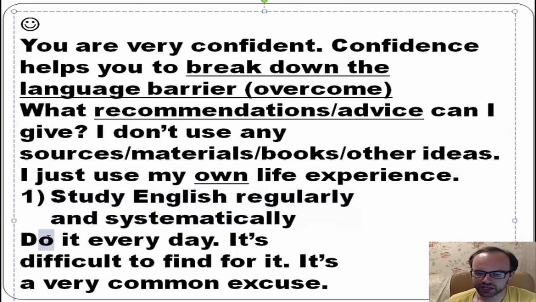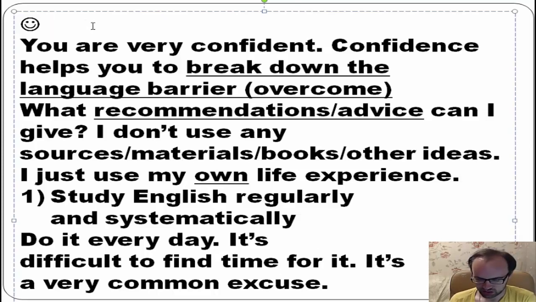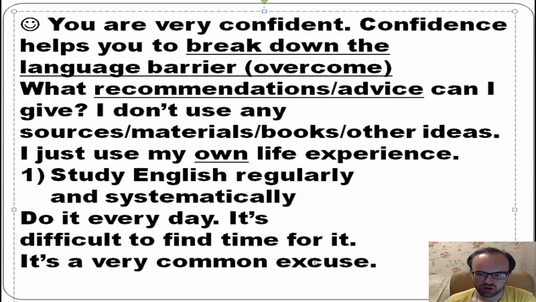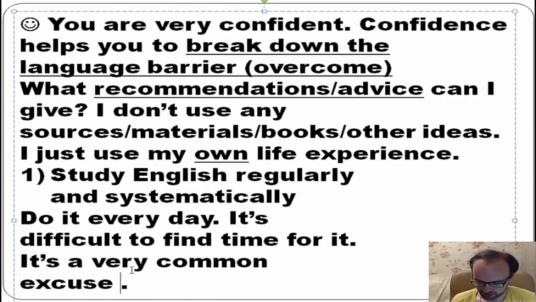Do it every day. It's difficult to find time for it, okay? It's difficult to find time for it, and it's a very common excuse. So what is excuse? It's a very common excuse, or it's a very common thing, okay?